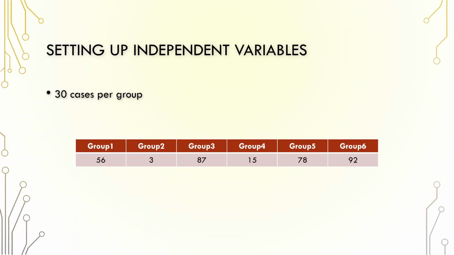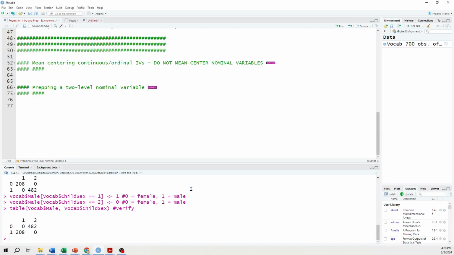Just always make sure that it makes logical sense. So let's jump back over to our studio and look at prepping nominal variables with 3 plus groups or levels.